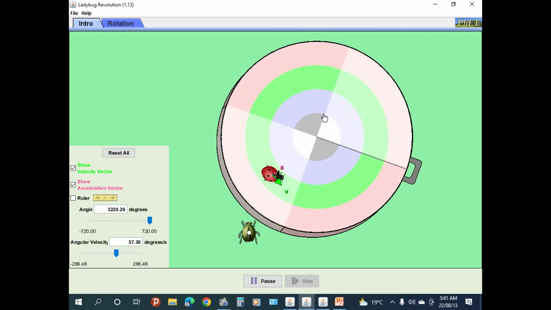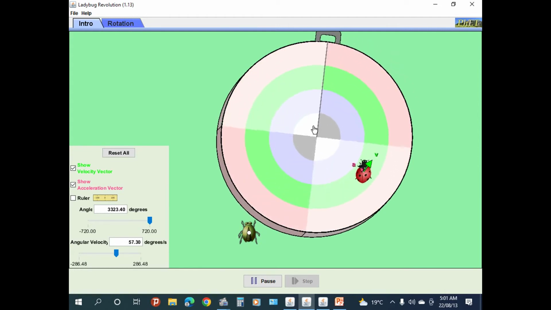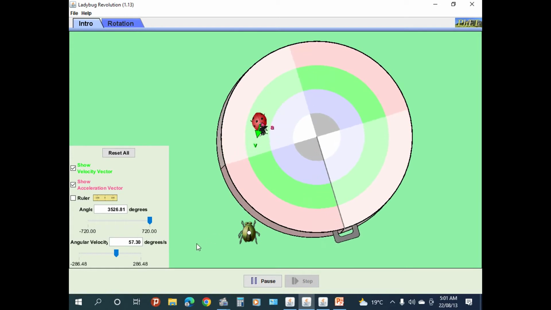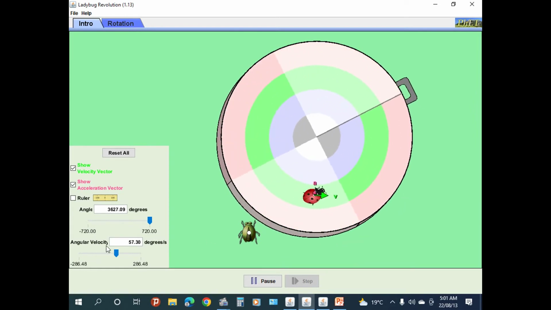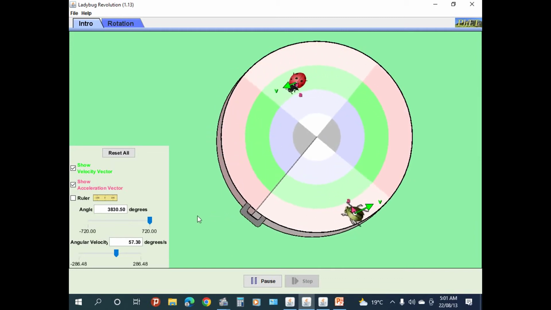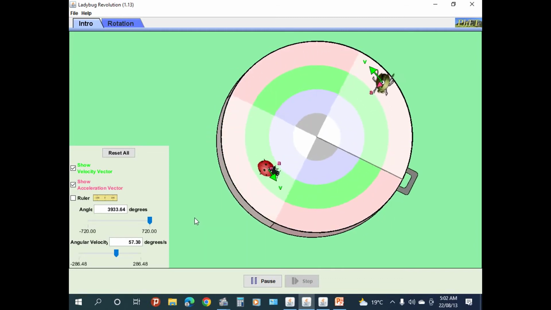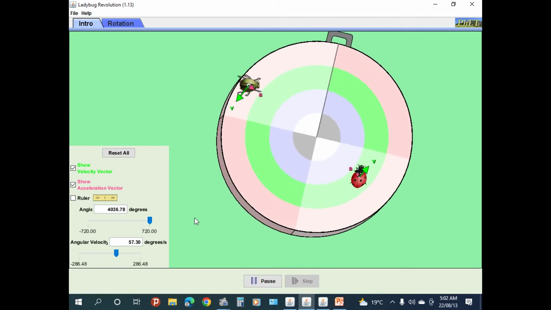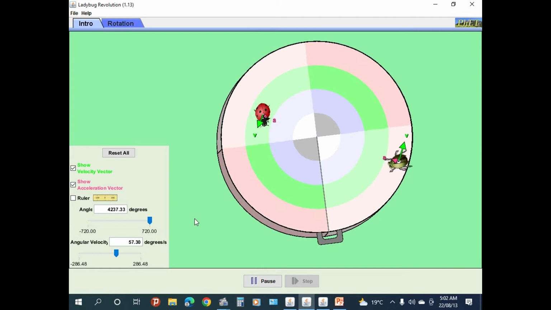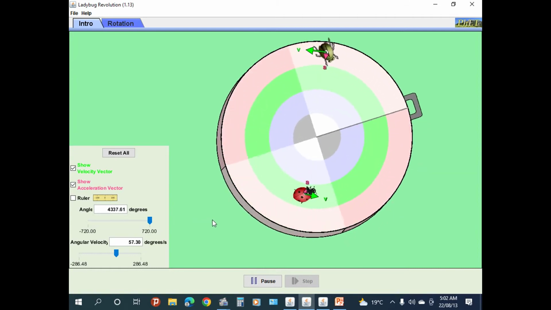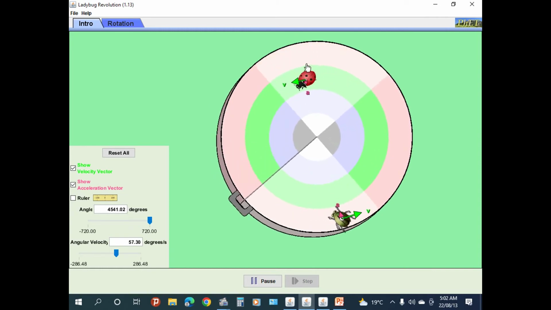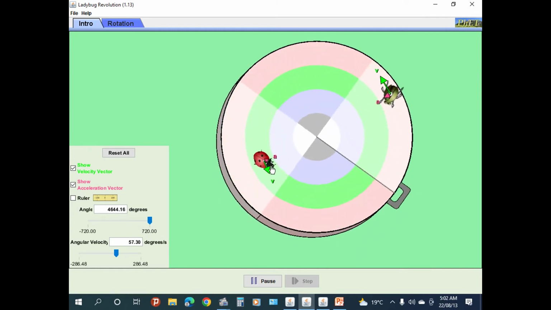Each covers one revolution within equal time, so the angular velocity is constant. The two ladybugs have equal angular velocity, but not equal tangential velocity.